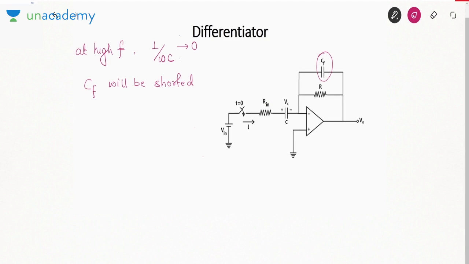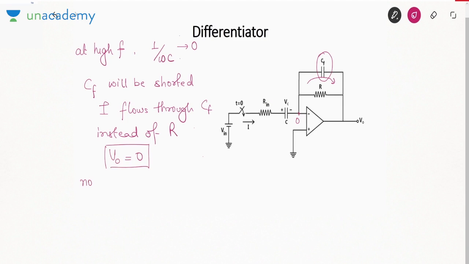If this CF is shorted, I flows through CF instead of R. If I flows through CF, then this voltage, this is 0, this is short circuited, V0 will be 0. So no noise passes to output. Are you getting my point? What is the purpose of CF? At high frequency, CF will be shorted and will make V0 equal to 0.